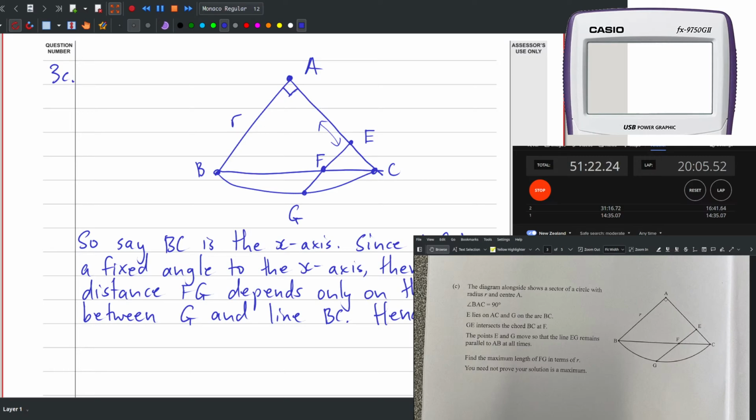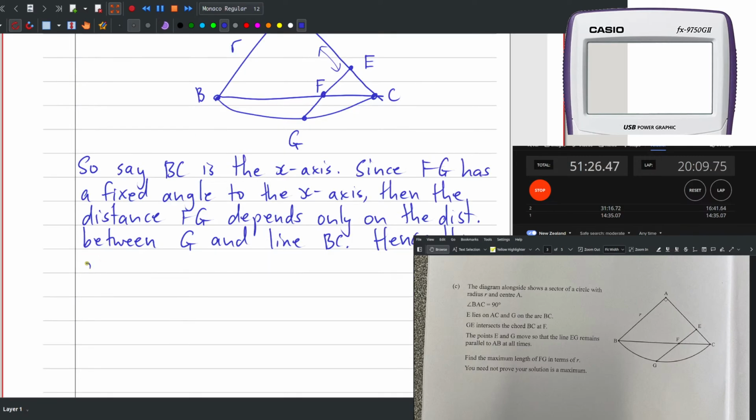Hence, this distance will be largest when G is furthest from BC.